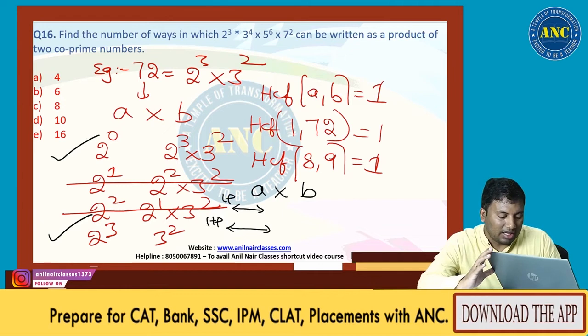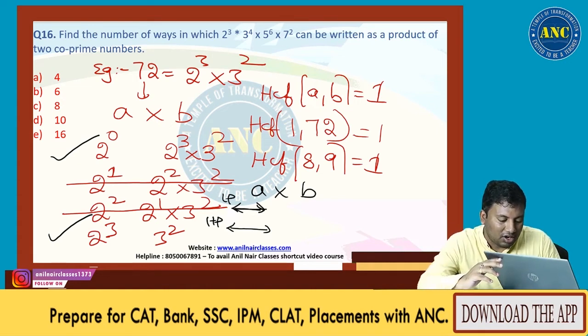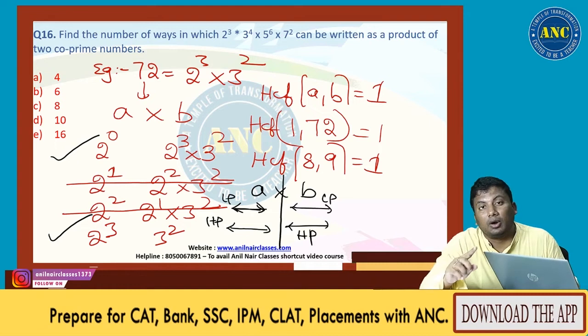So A can take how many choices? Either the lowest power or the highest power. Similarly, if it is an ordered pair, B will also take the lowest power or the highest power.